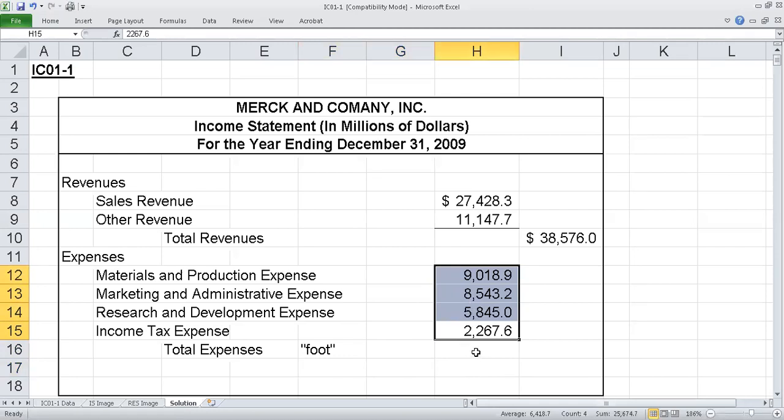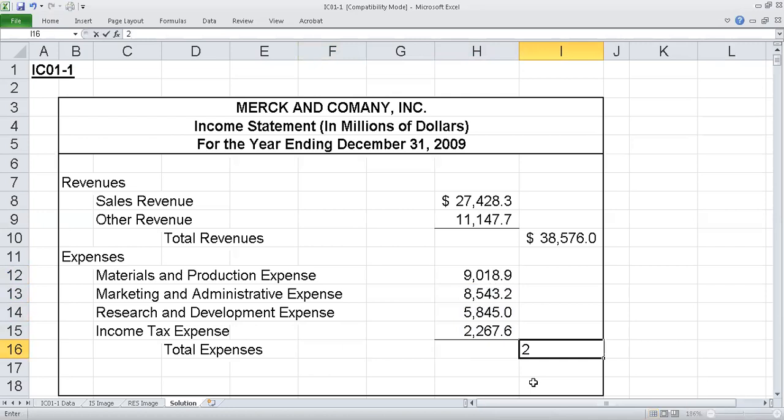I have no idea how that term originated. So we're going to add up all the numbers for our expenses, and we're going to extend the subtotal over into the rightmost of the two columns, 25,674.7 in millions.